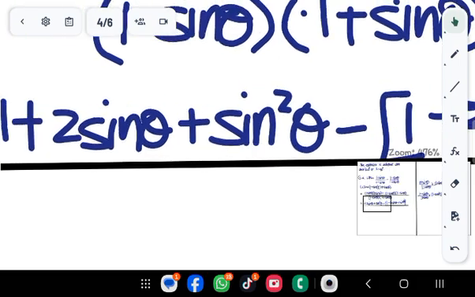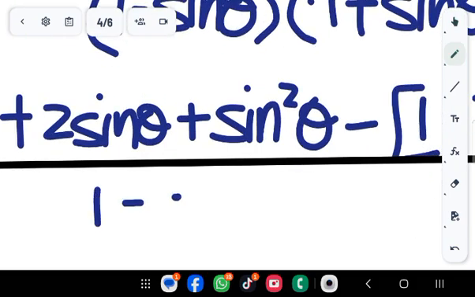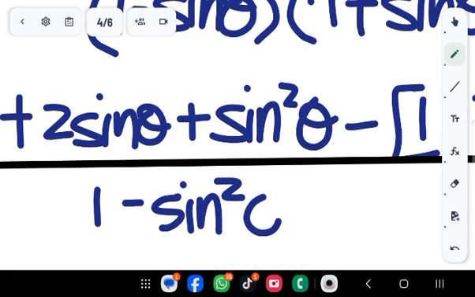The denominator is a difference of two squares, so it gives us 1 minus sine squared theta.